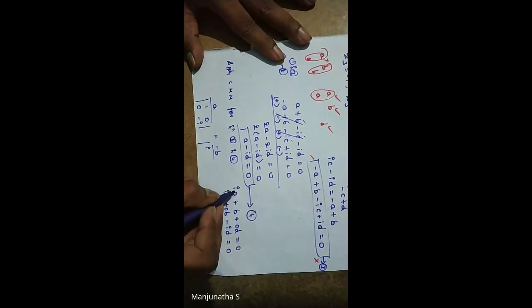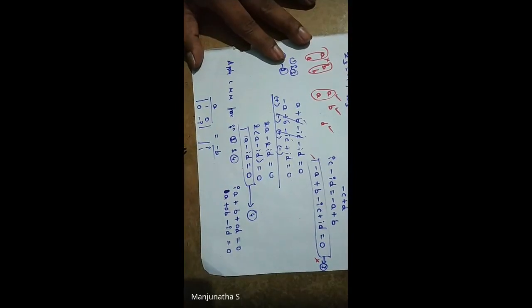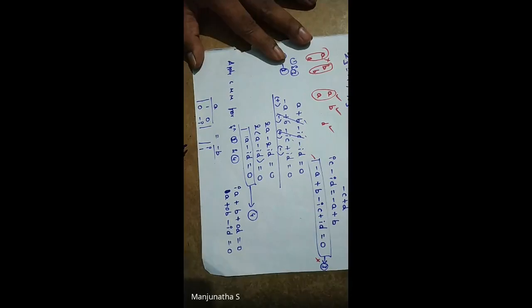Yes. So here nothing is there, because A is 1. So the coefficient is 1. So it is 1. So i 1. Yes, i 1, 0. Correct.